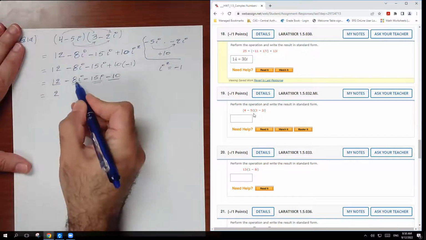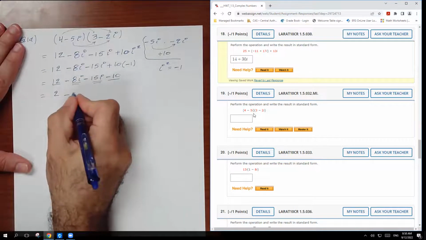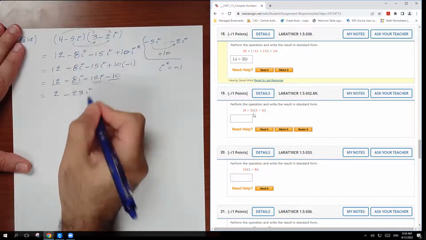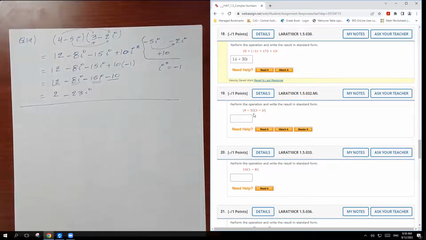And negative 8 minus 15, negative, negative, so it's going to be negative 23i. So this is the standard form for the operation multiplication between two complex numbers. So I'm going to type here 2 minus 23i.